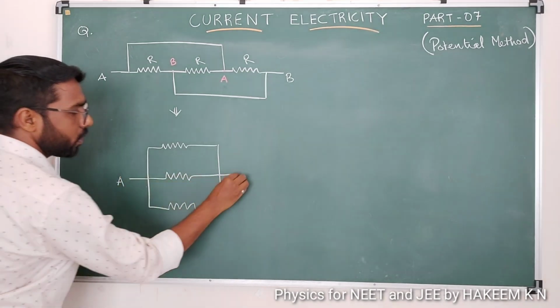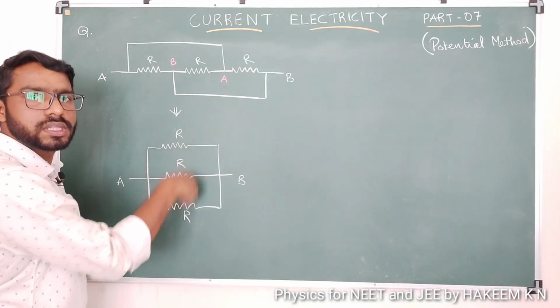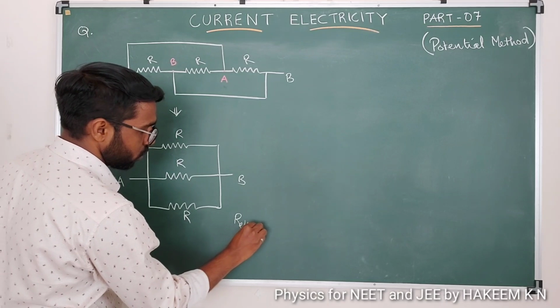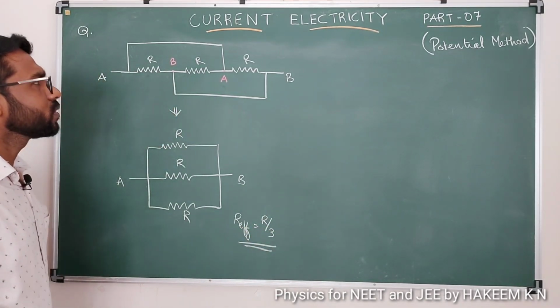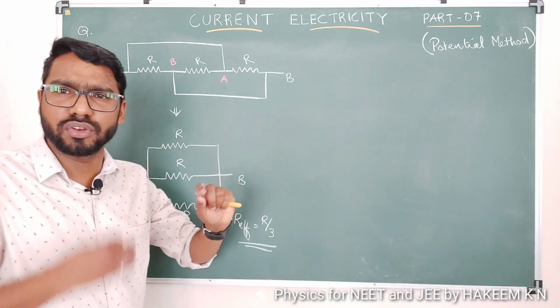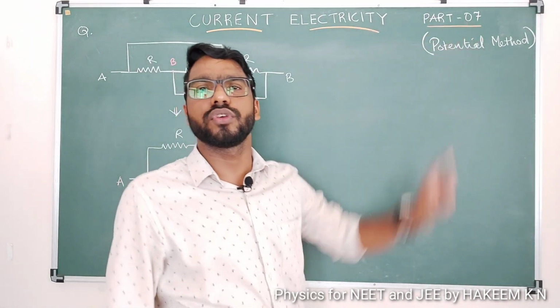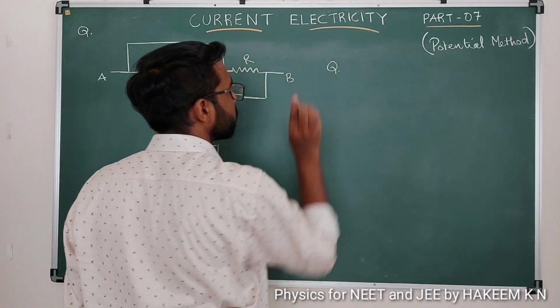A here, B here, R. Three resistors are parallel, so R effective equal to R by 3. So if a wire with no resistance is connected in the network, then we have to apply potential method. Next question.